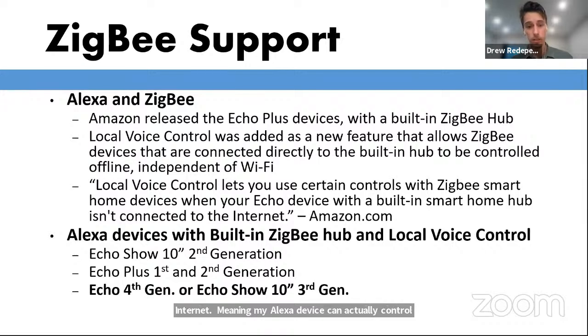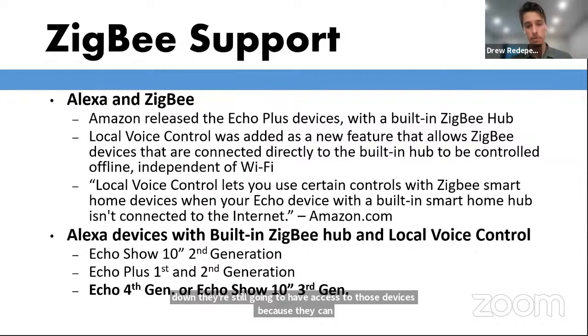So in two separate situations, this is super beneficial. Number one, let's say I have someone who relies heavily on their smart home-based system to control their lights and fan and other ZigBee-based devices. If their Wi-Fi goes down, they're still going to have access to those devices because they can still control them by voice because they're ZigBee-based.